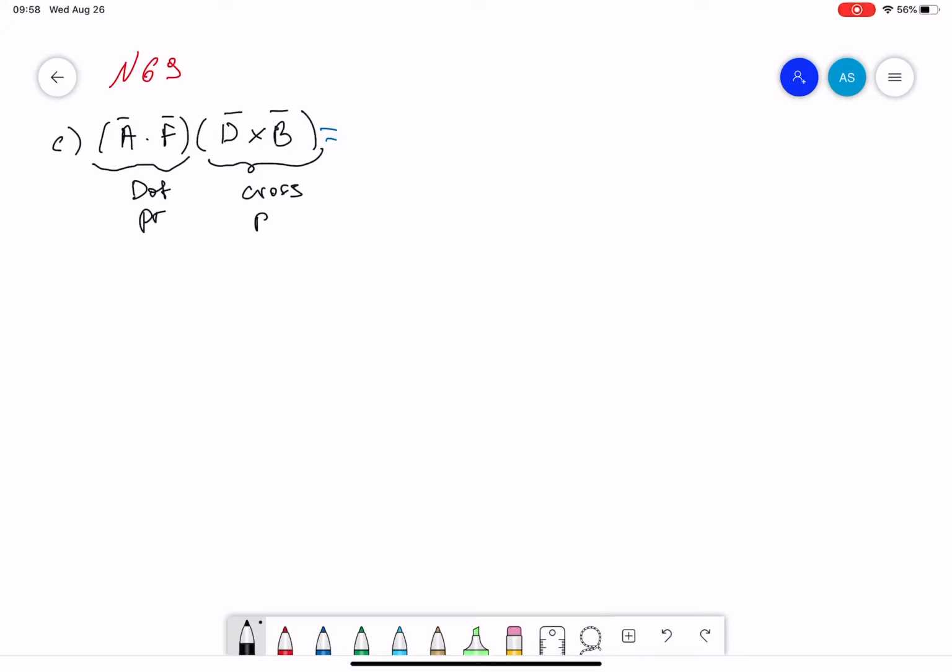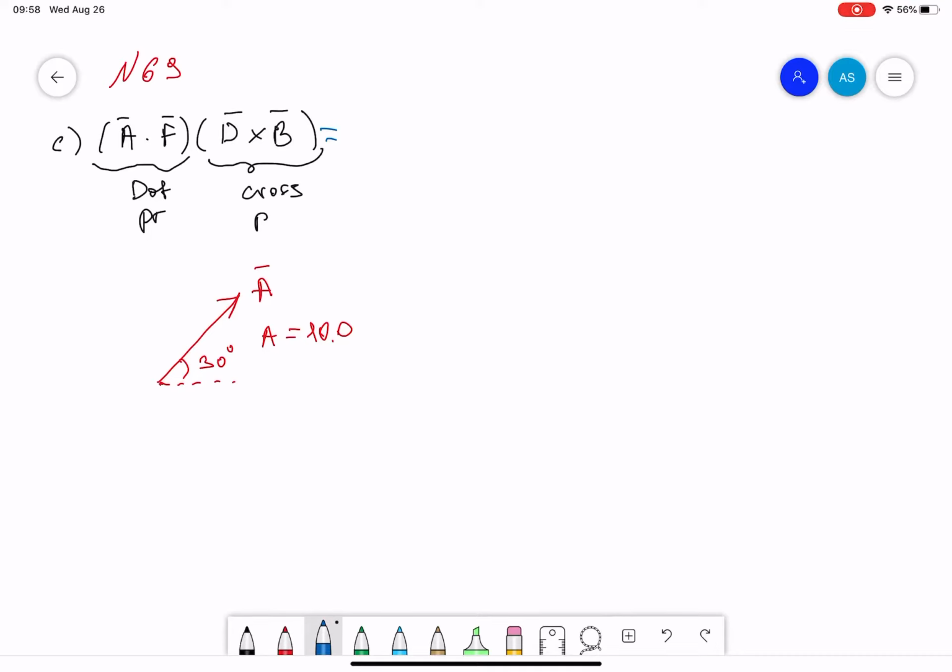We have a vector. Let me draw it. The magnitude of the a vector is 10, and it has an angle theta of 30 degrees.